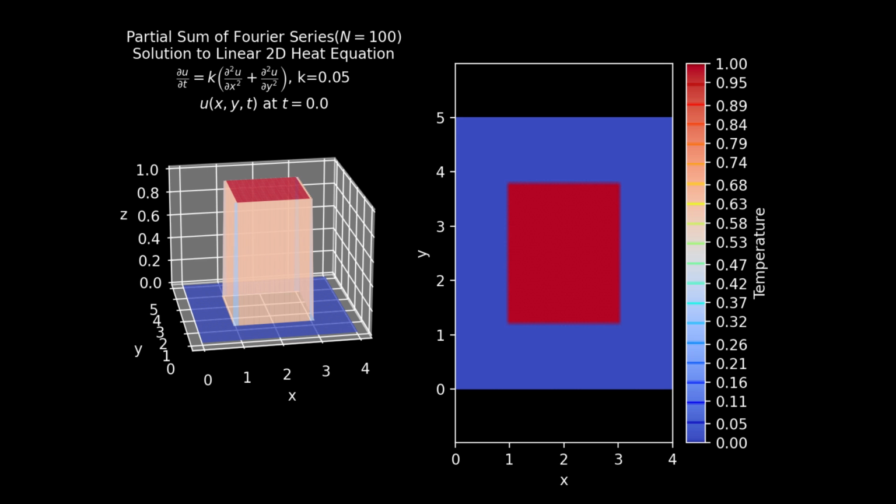On the left is just a graph of this function in 2D. You see the graph of the function has the value of 1 on the red square, and a value of 0 off of the red square.